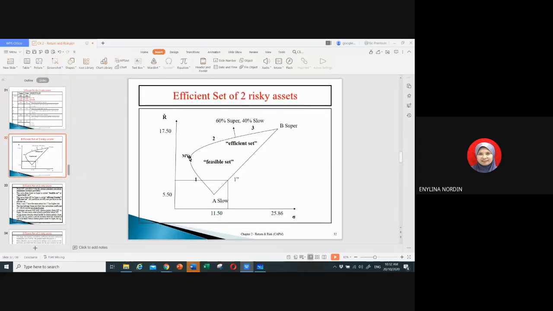Dia akan pilih combinations of the two stock here starting daripada point MV to point B, sebab from point MV to point B, the expected returns of the portfolio is going to be higher. Okay, itu untuk kalau kita combine dua risky asset.